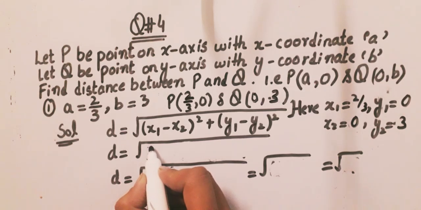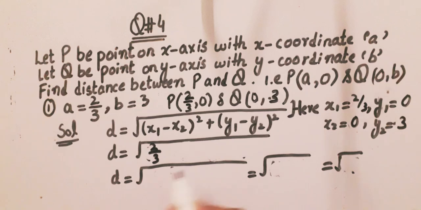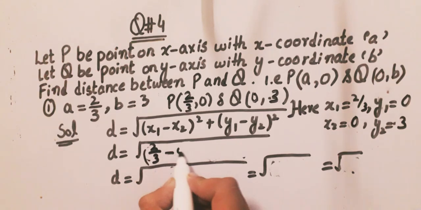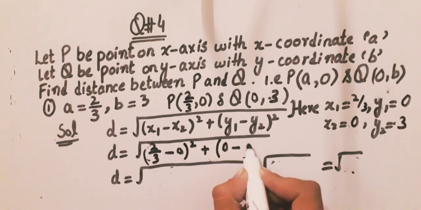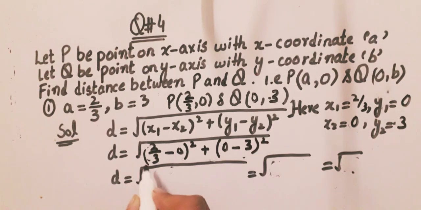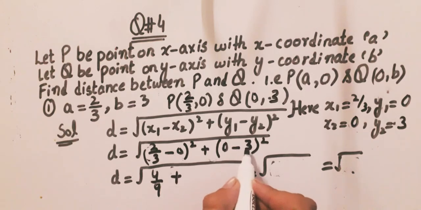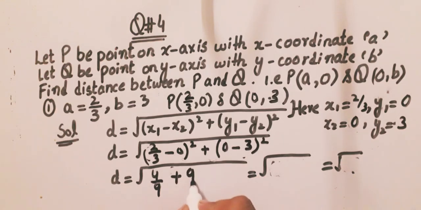So 2 by 3 minus 0 square plus 0 minus 3 whole square. So 2 by 3 minus 0 will become 2 by 3. So 2 square is 4 and 3 square is 9 plus 3 square, which is also 9.